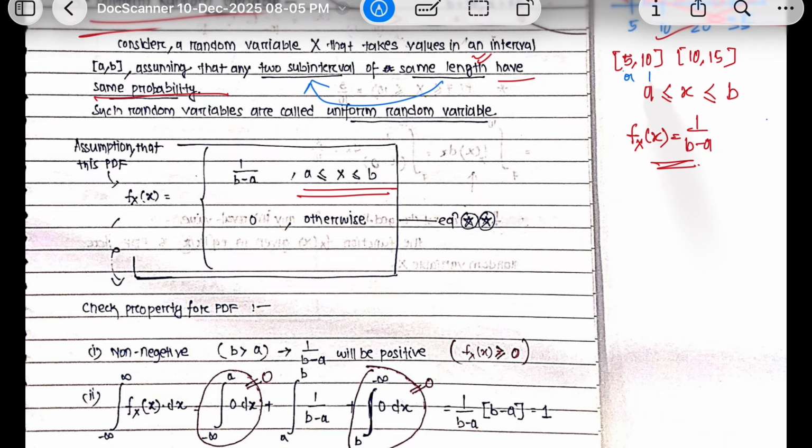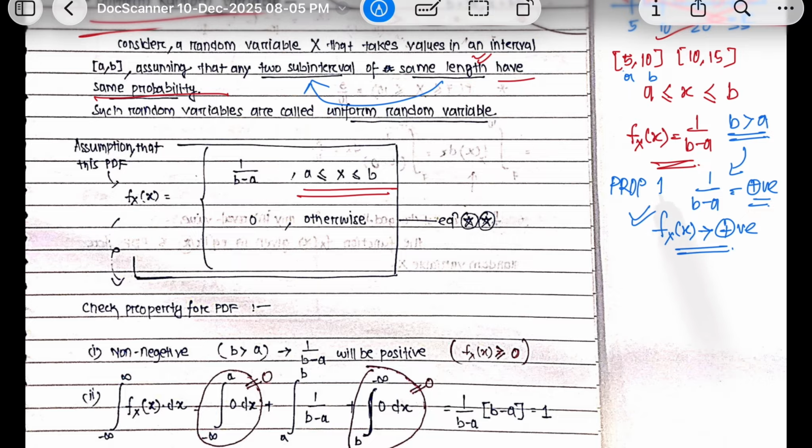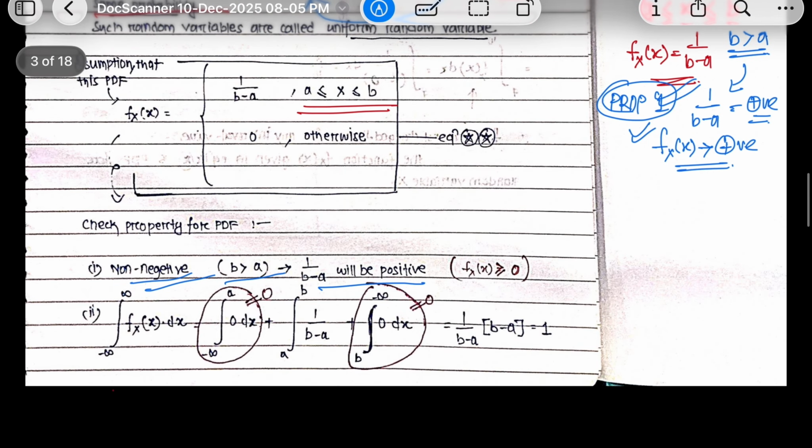This is a and this is b, and b must always be greater than a. The non-negative property says that if b is greater than a, then 1 by b minus a will be positive. If this is positive, the function f of x will always be positive. First property proved: it must be non-negative.